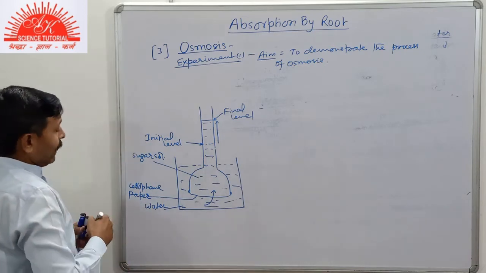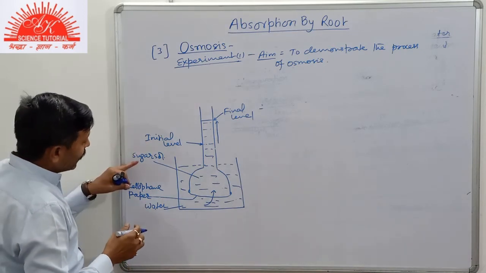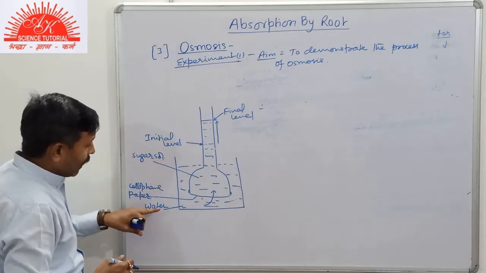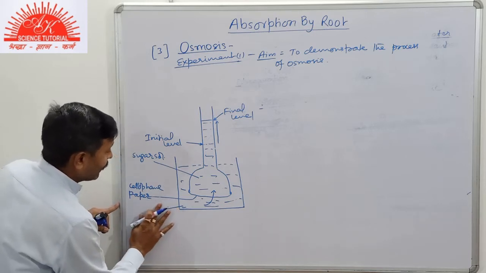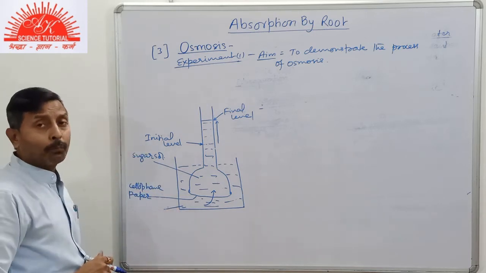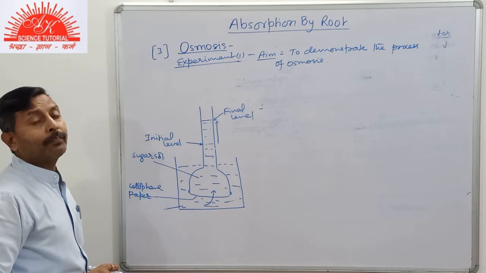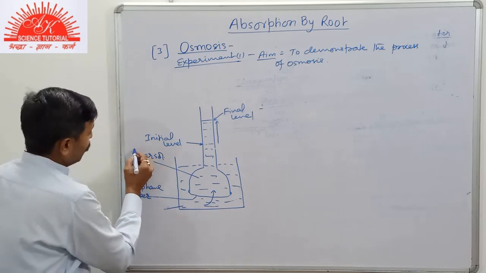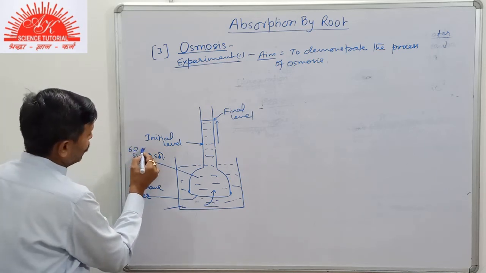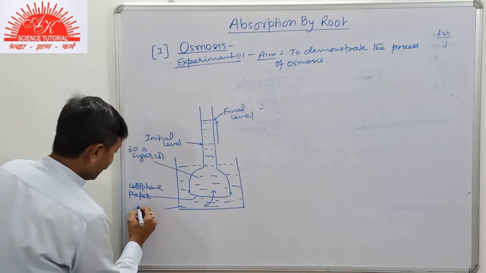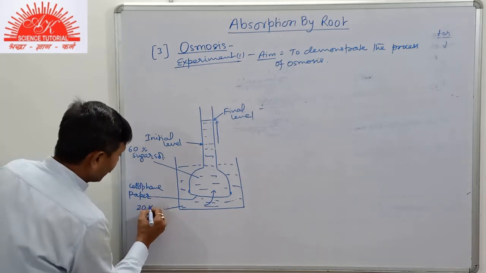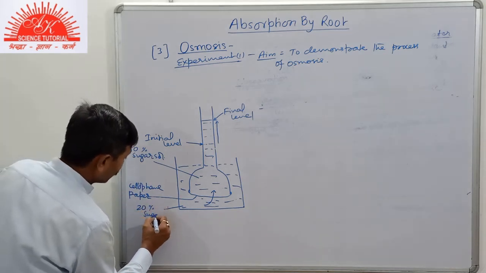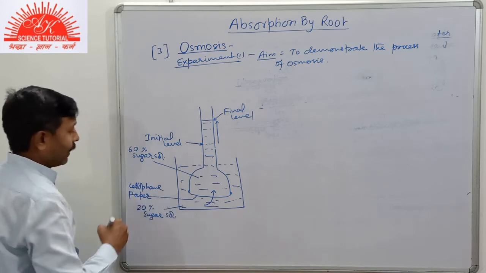Suppose in this part, as we have studied, sugar solution is taken here and water here, we can have sugar solution at both places, but there should be different concentration. Like suppose we take 60% sugar solution inside and 20% sugar solution outside.